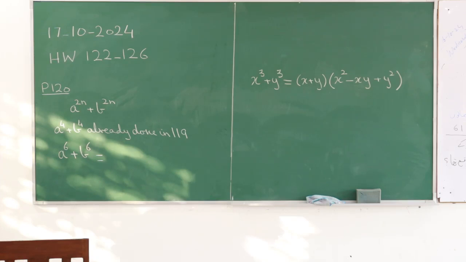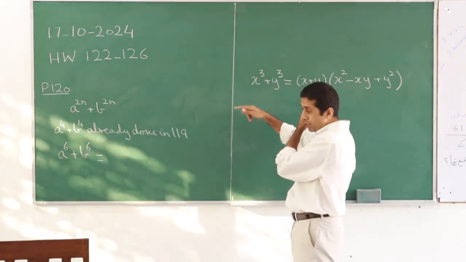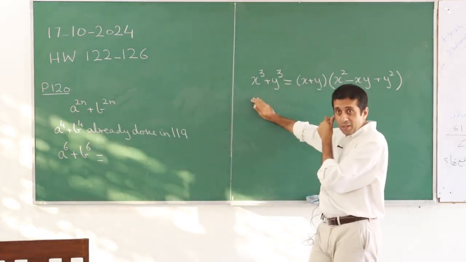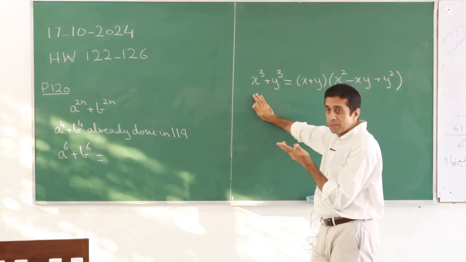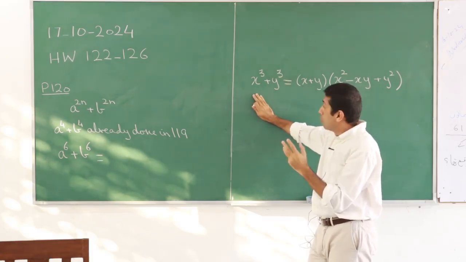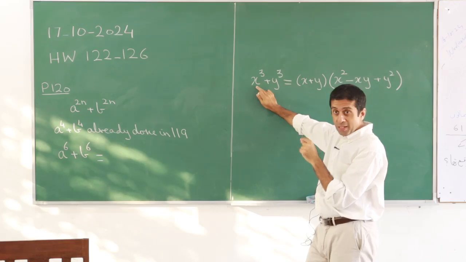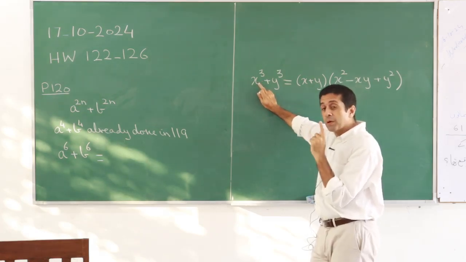If I were to replace x by something and y by something, it would convert to the left hand side. So what should I convert x to? If I say x is a raised to the power 6, then a raised to the power 6 raised to the power 3 will become a raised to the power 18.